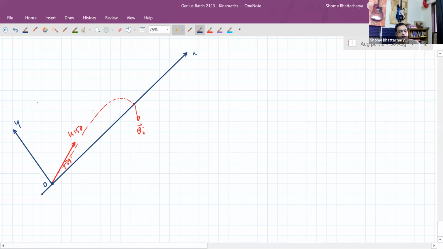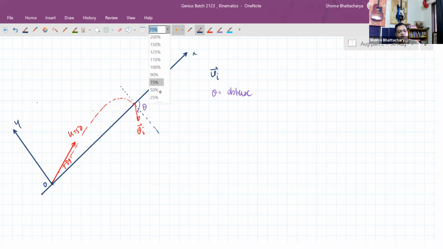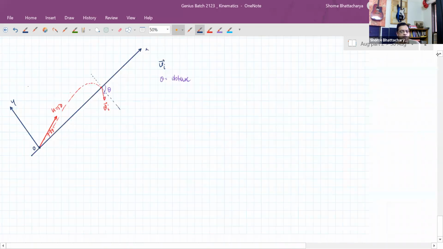That's how you'll see that the x component of velocity is negative, as is the y component. So if you talk about this angle, theta will have become an obtuse angle, because the impact velocity Vi has a negative x component and negative y component.